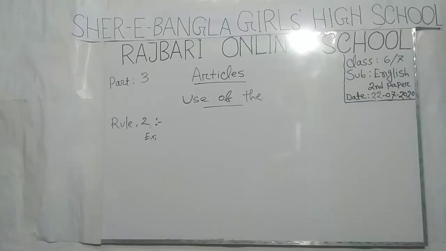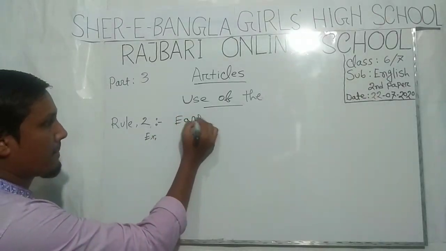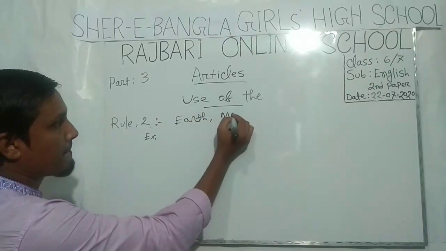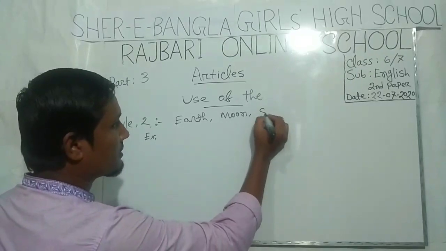Some words are one of a kind in this world and cannot have another like them. Before that kind of word you have to use the. For example, I can show some words like earth, moon, sun.